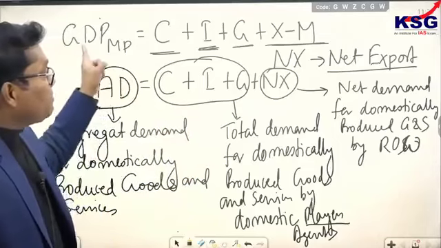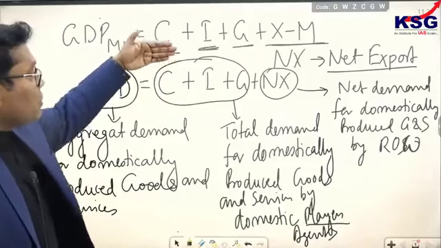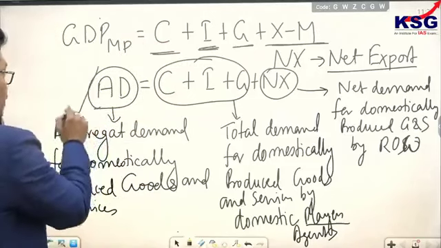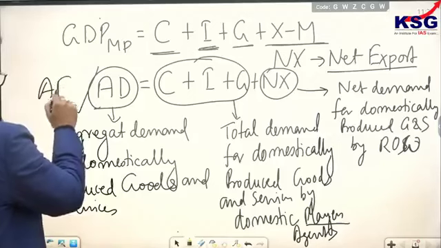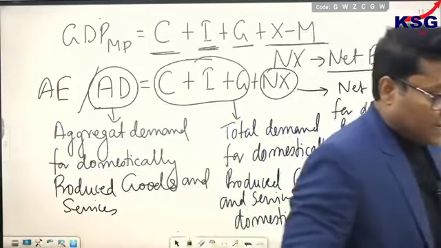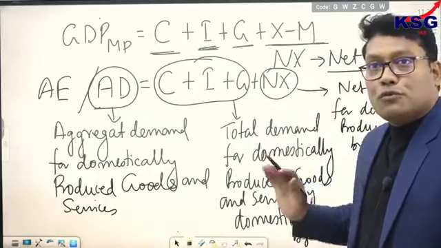So from this method which we already discussed, you can use this concept in this way also. And aggregate demand, sometimes we also say aggregate expenditure, AE. So you can say aggregate expenditure or aggregate demand. The same equation we can use for this purpose.